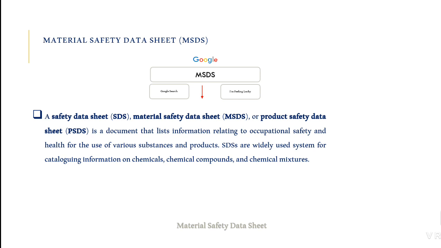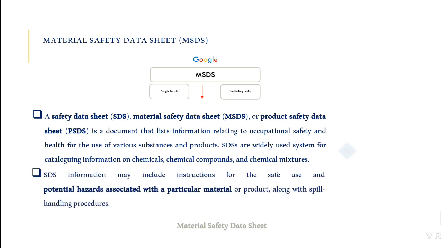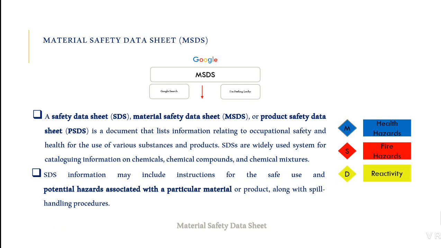SDSs are a widely used system for cataloging information on chemicals, chemical compounds, and chemical mixtures. SDS information may include instructions for the safe use and potential hazards associated with a particular material or product, along with spill handling procedures.